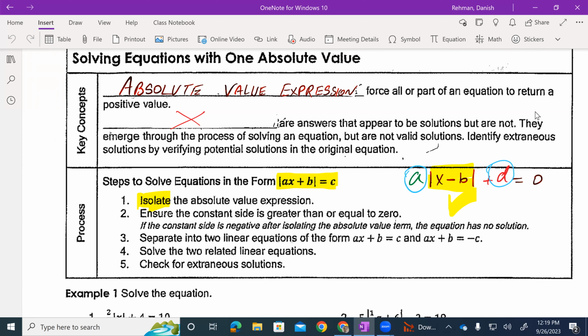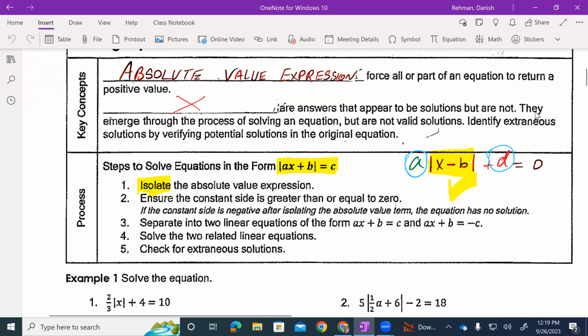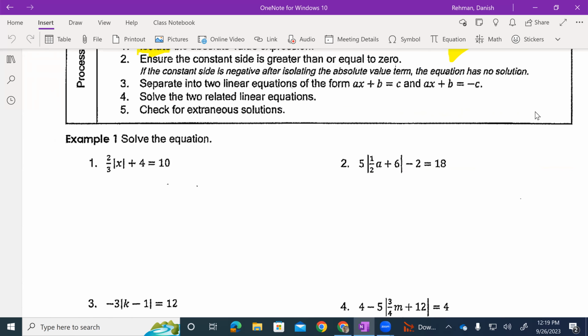If it's an addition, subtract it on both sides, the same operations that you're always doing to solve any algebraic expression. D here is added, so subtract D on both sides. A here is being multiplied, so divide by A on both sides. That's how we'll do it, and then we will simplify. You can keep these steps in your pocket. Come back to these same steps for how to solve it.